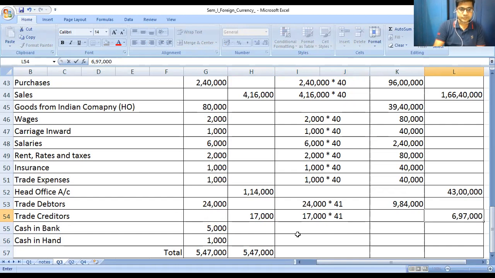Right. Next, cash in bank, again closing rate. 5,000 into 41, 2 lakh 5,000. Next, cash in hand, 1,000 into 41, 41,000.